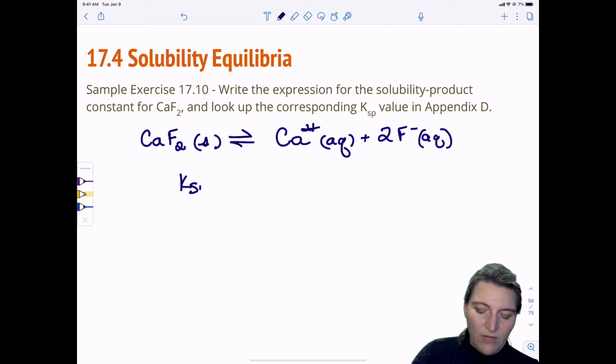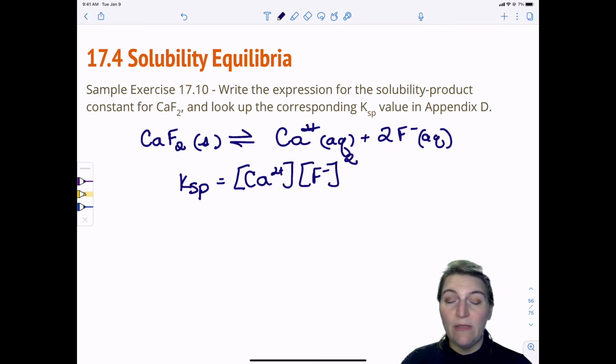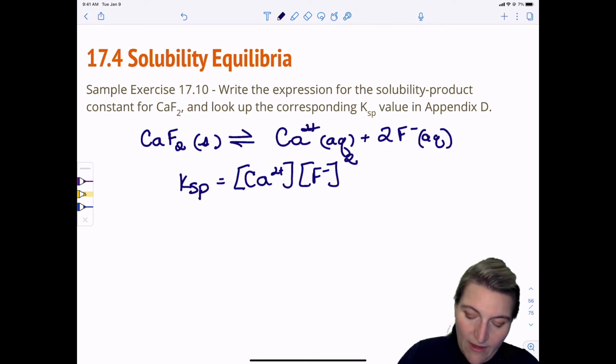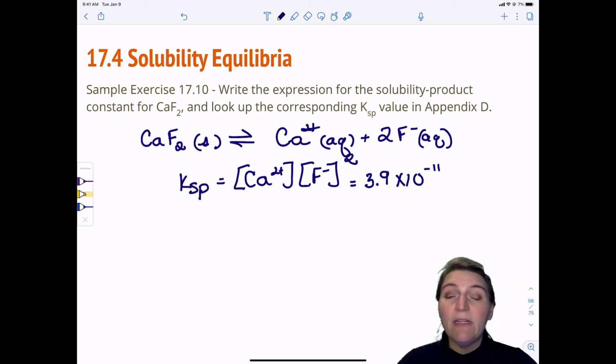So the Ksp for this is the concentration of Ca2+ times the concentration of F- squared. And we will have exponents in these a whole bunch of times. The numerical value for this Ksp, you can look that up in Appendix D, was 3.9 times 10 to the negative 11. That's a very small number.